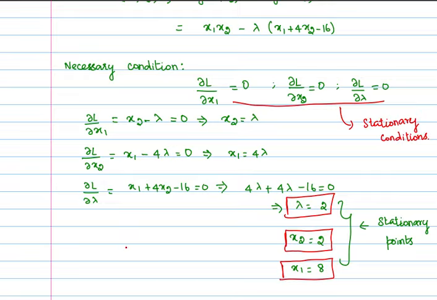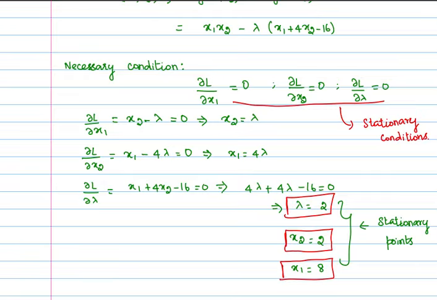Now I go for the sufficient condition. I know that this point may appear as a relative maximum or relative minimum, sometimes a saddle point. For the second condition, whenever it is an unconstrained problem, we use the Hessian matrix. In this case, whenever it is constrained, we call it a Bordered Hessian.